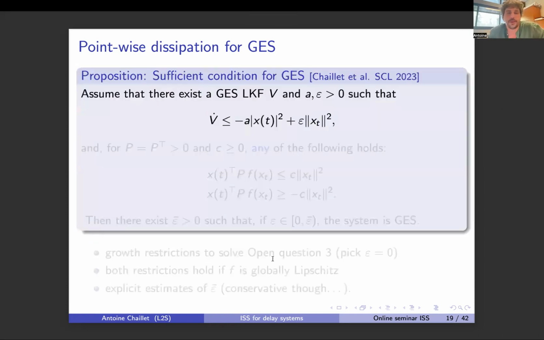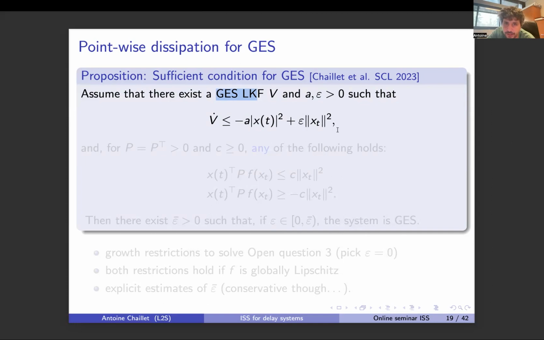Okay, so what result do we have in this direction? We have this result with the same team, so Yuan, Pierdomenico, and Jason, which requires: I get a guess LKF, sandwiched between quadratic functions, which satisfies V dot smaller than minus a times x of t squared, and possibly even a positive term involving the whole history norm.